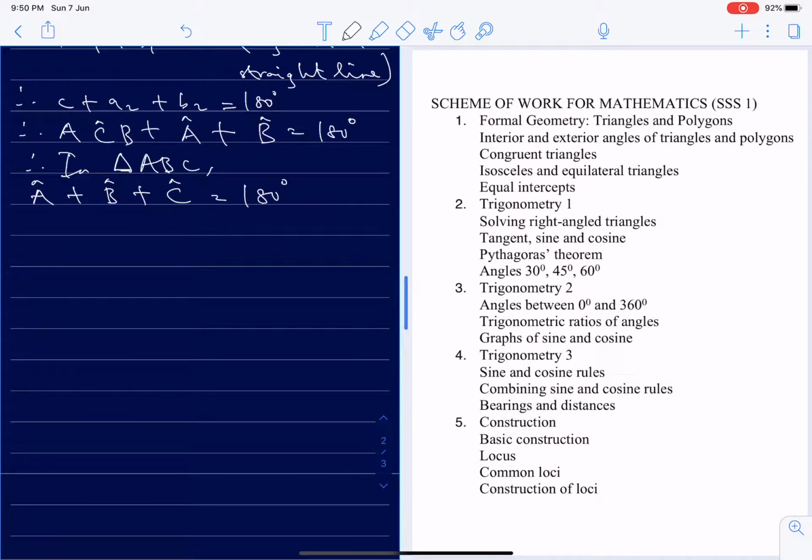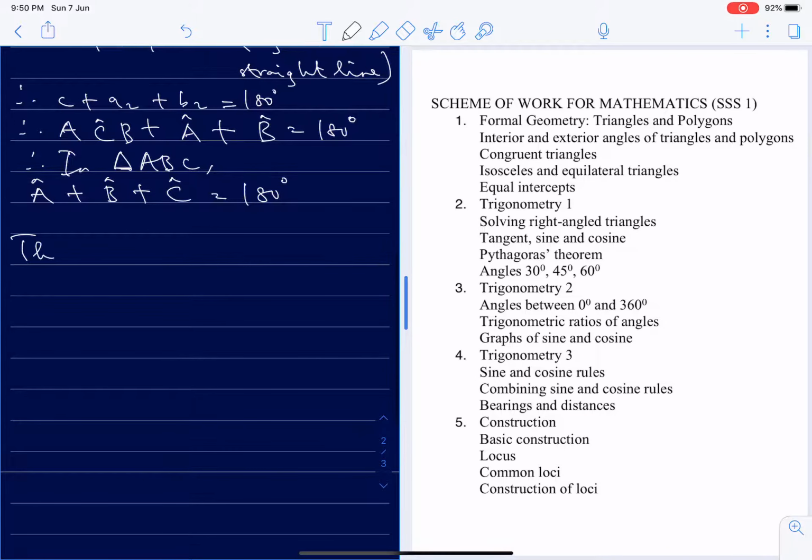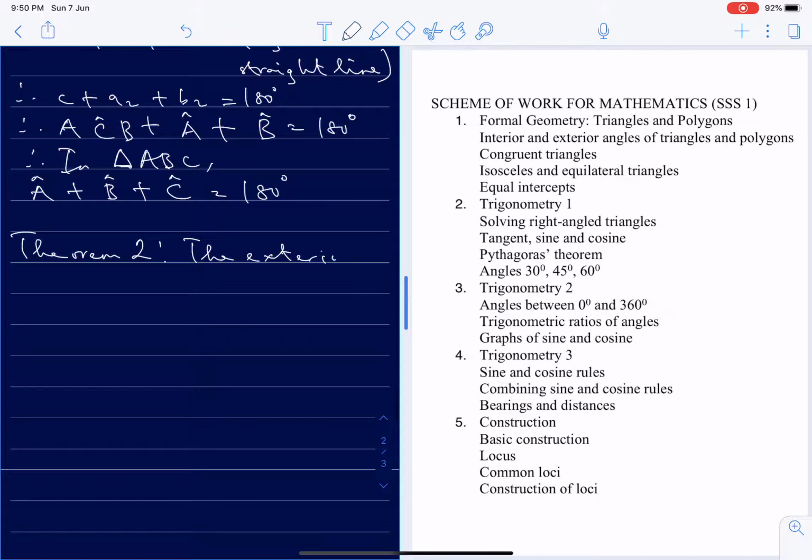Now, what's our next theorem? Our second theorem. The next theorem is theorem 2. And that's about the exterior angle of a triangle. By the word exterior, you know it means outside.